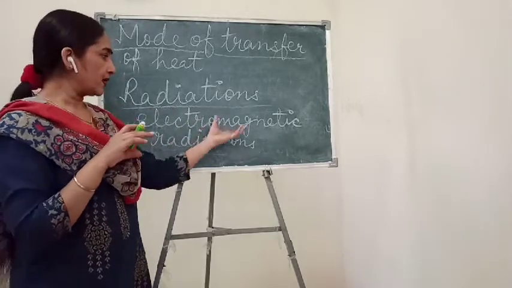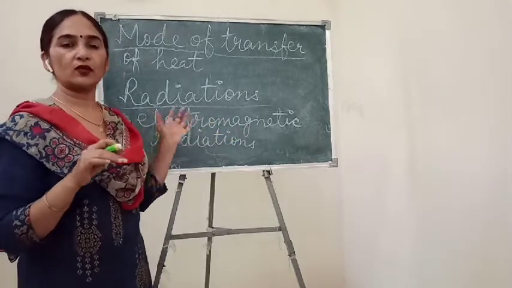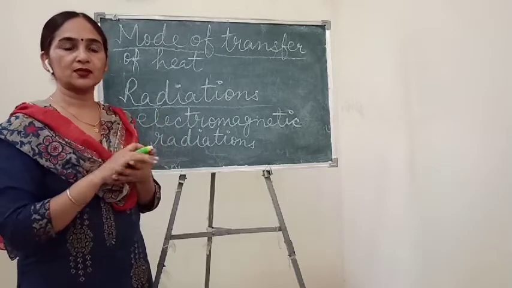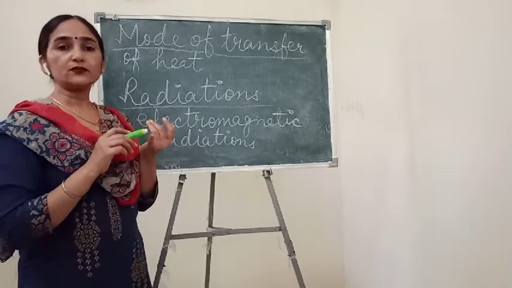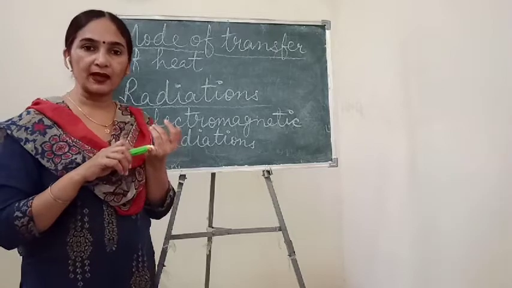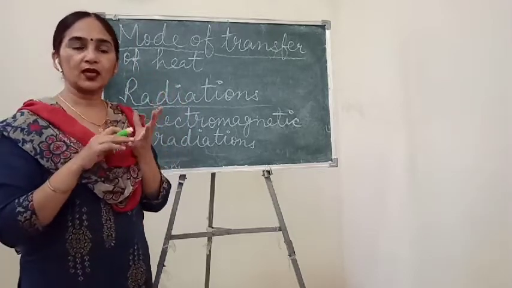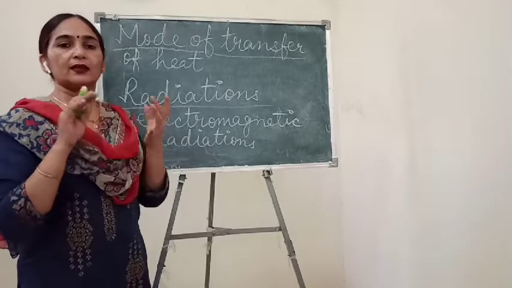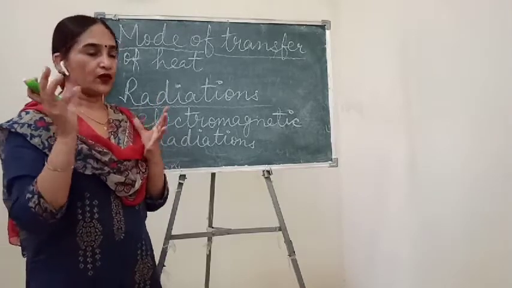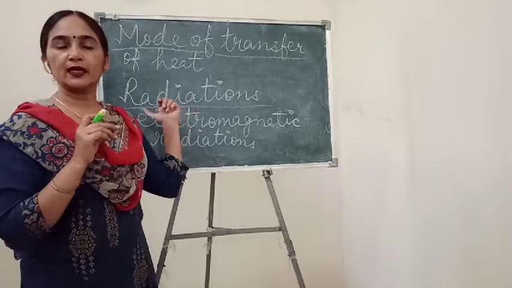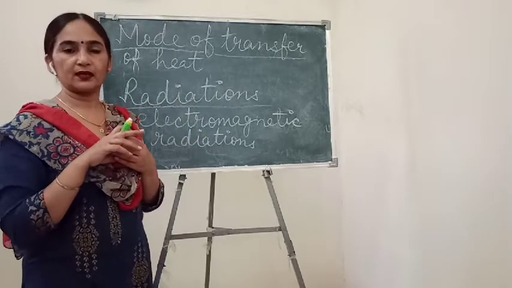Understand? If we talk about applications of radiations, you can see solar cookers and solar panels, all those things which work with solar energy, work on the basis of radiations only. Understand?